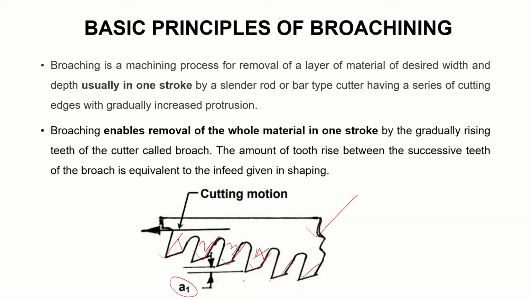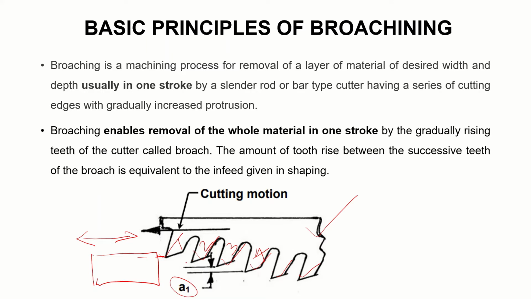Suppose I am just taking a workpiece like this, and I am reciprocating this tool in this particular direction. What happens? First, the teeth number 1 will come into contact at this particular point. Then it will remove some material.